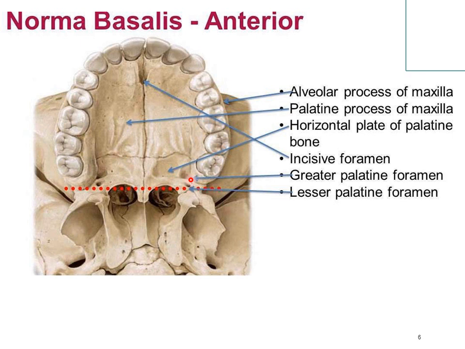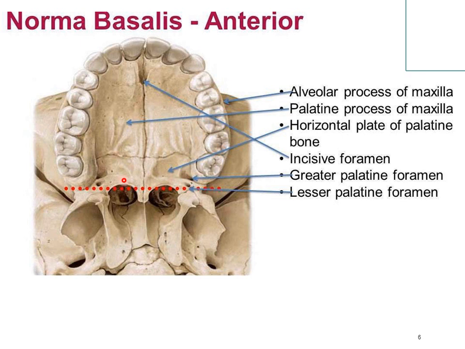Then we have the greater palatine foramen and lesser palatine foramen. The horizontal plates of the palatine bones, these two, form the posterior 1/3 of the hard palate.